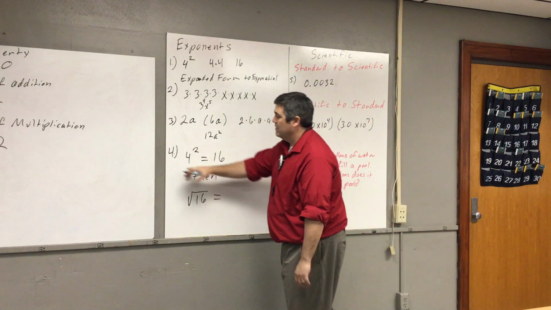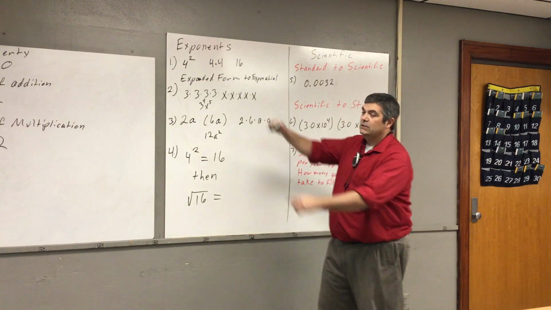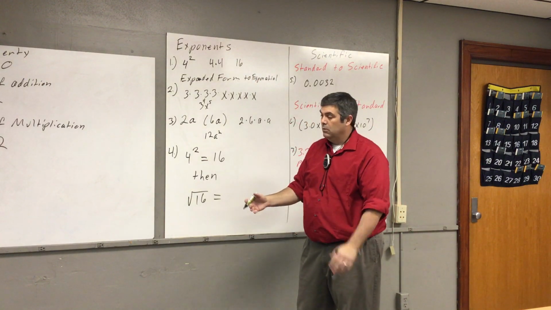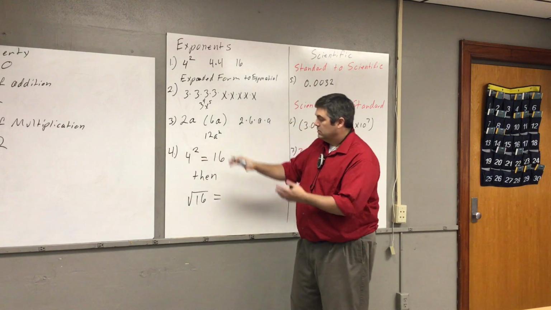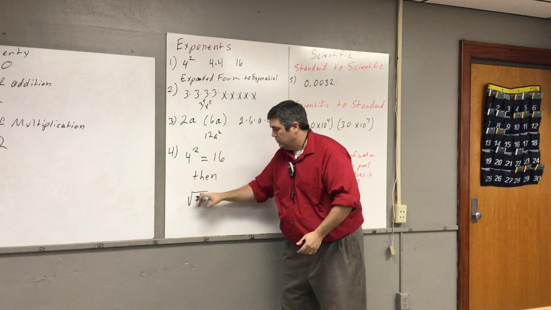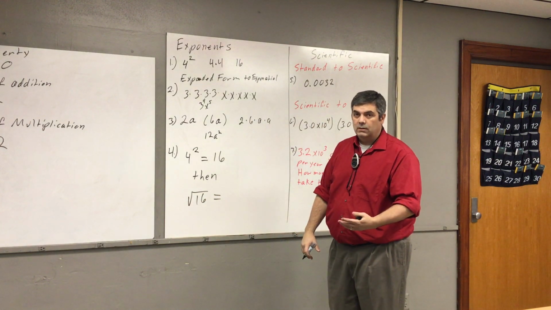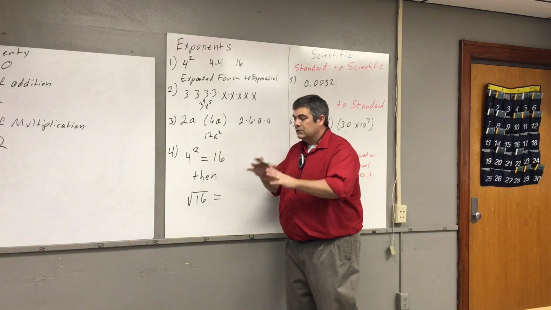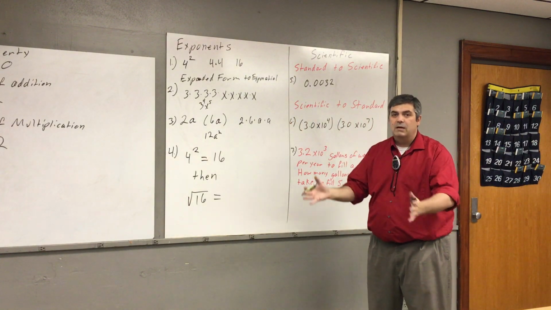All right, so now we come down here, and we have 4 to the 2nd power equals 16. Well, we just did this up here, so we know that's true. It means 4 times 4 equals 16. Then, if this is true, then the square root of 16 equals, well, you've got to know what square root is. The square root is just taking a number and asking, what do you multiply times itself to get this number?